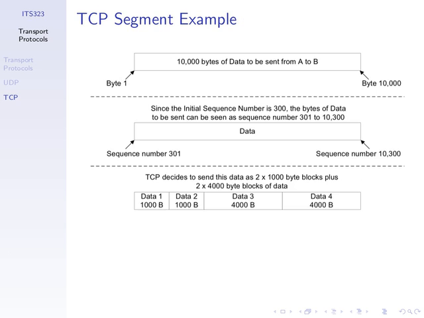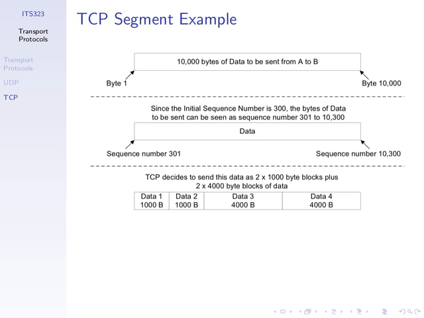A wants to send some data to B. A connection has been established. The initial sequence number chosen by A in this example was specified as 300, just in this example. B also chose an initial sequence number. We don't care in this example because we're only looking at the data going from A to B.